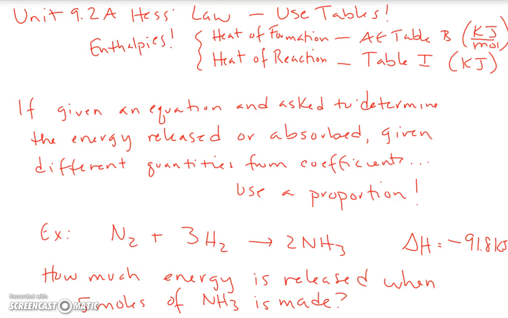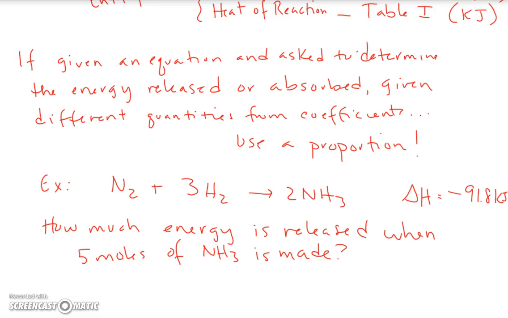Negative means it is exothermic, so we need to find out how much energy is released not when 2 moles of ammonia are formed, as shown in the equation, but when 5 moles of ammonia is made. So to do this, you would want to use a proportion, effectively.